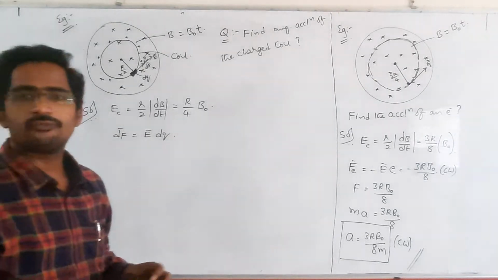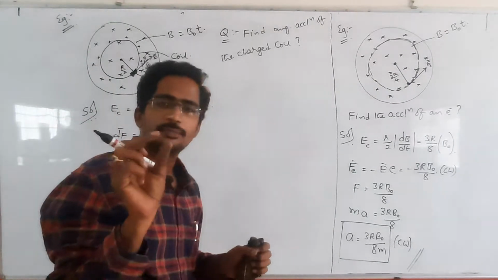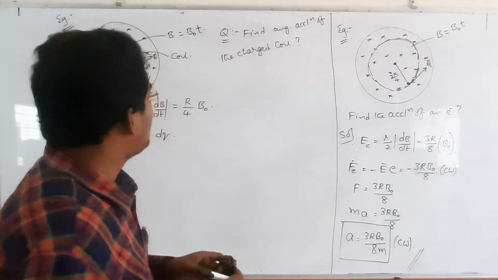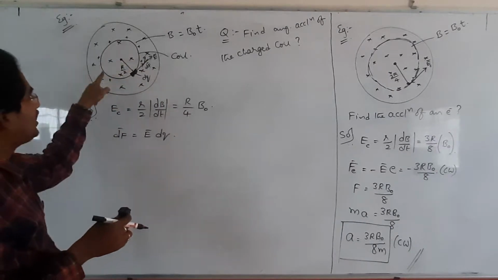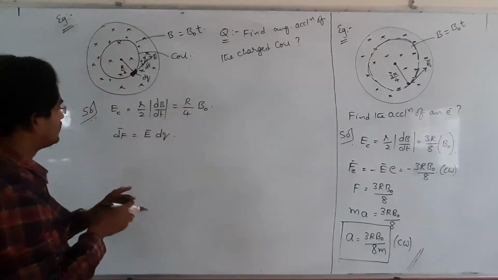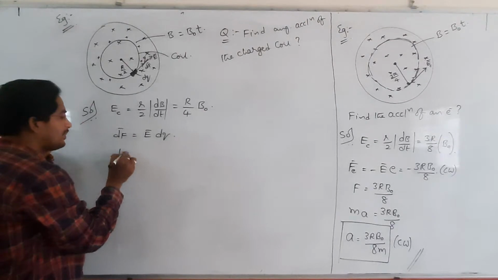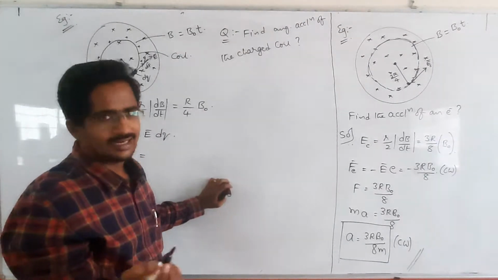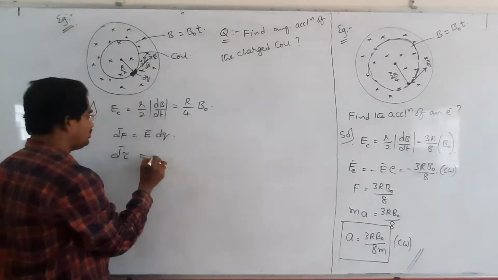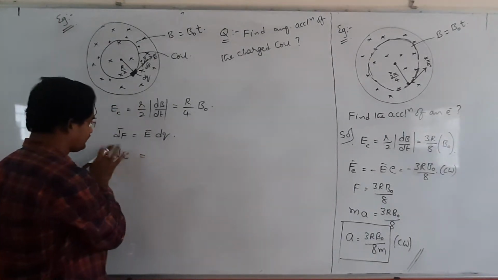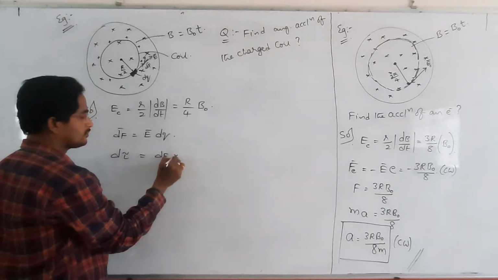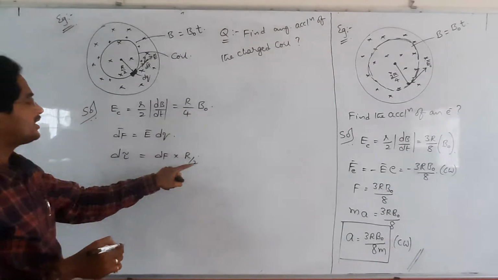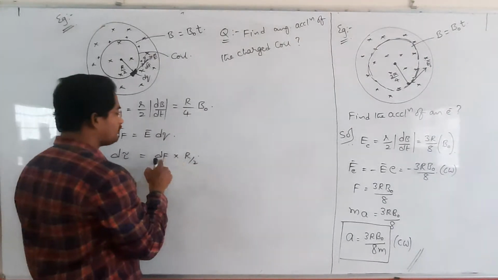After getting the force on the small elemental portion, what is the torque acting on this element? The torque acting on that element equals force into perpendicular distance, that is R by 2. What is the force value?